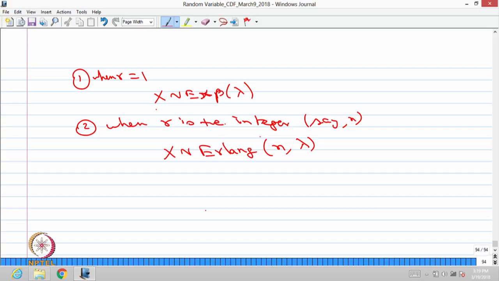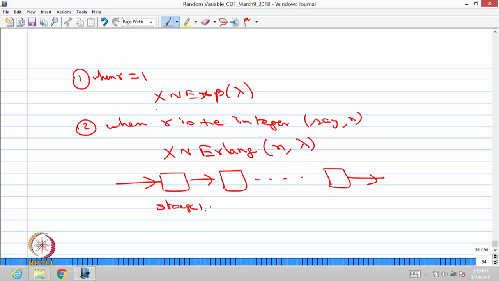You can think of a very simple example of this distribution: the time taken by a system in different stages. So, this is stage 1, this is stage 2, and like this stage n.